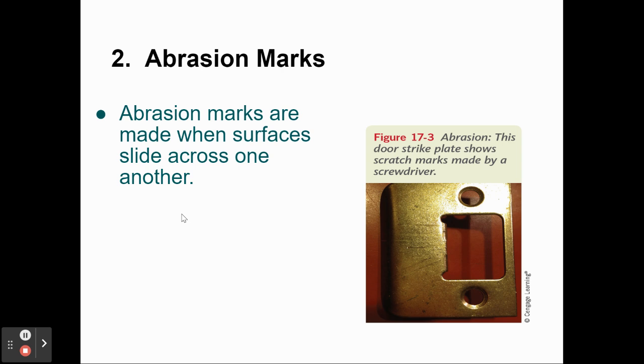So the same type of idea. But remember, with abrasions, the harder object is going to leave a mark in the softer object. So if you're riding your bike and you fall off on a sidewalk, the sidewalk is harder than your skin, and so you end up with those nice little cuts and scuffs in our skin. That's the softer surface. Same thing is true with other tools as well.